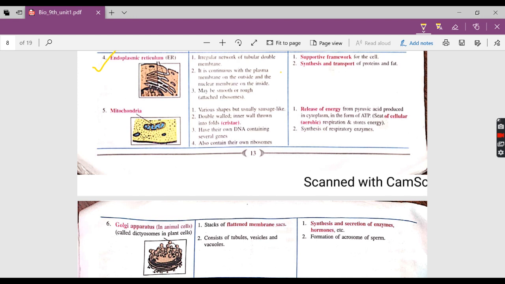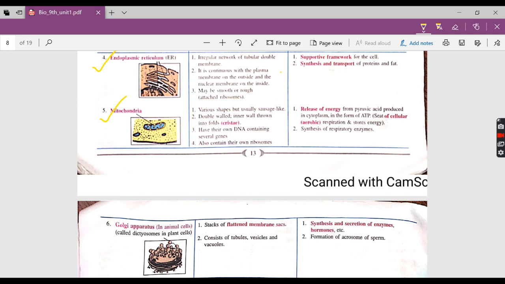It may be smooth or rough in appearance based on whether ribosomes are attached to it or not. Its two main functions are that it provides a supportive framework for the cell and it facilitates the synthesis and transport of proteins and fats.